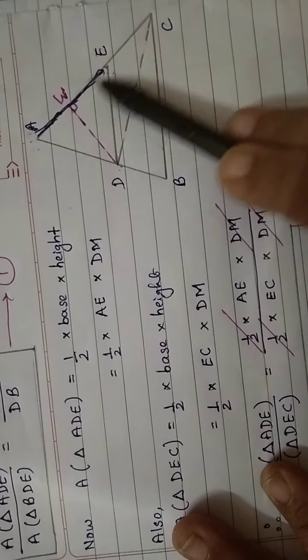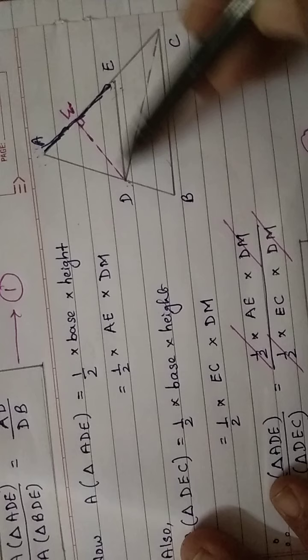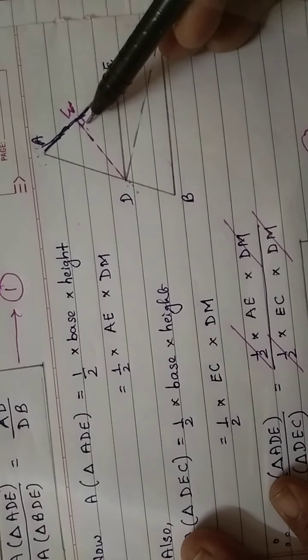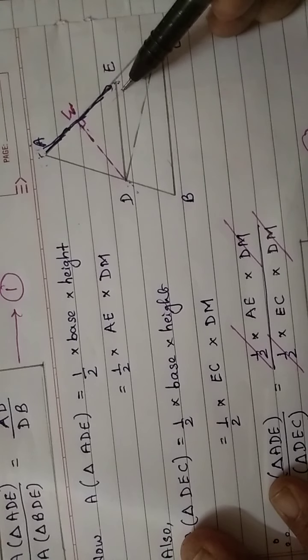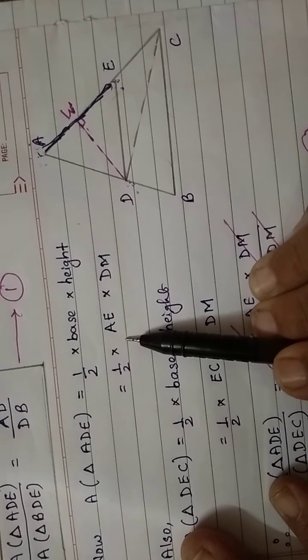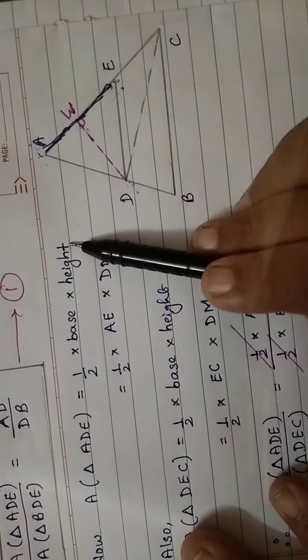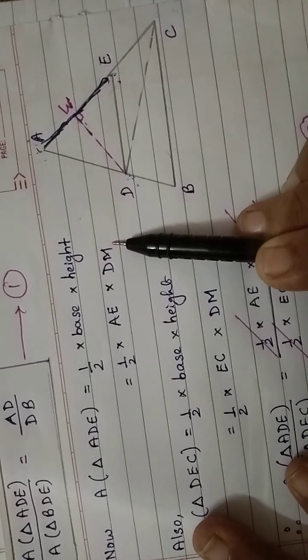AE is the base, and DM is perpendicular to AE. So it is half into AE into DM.